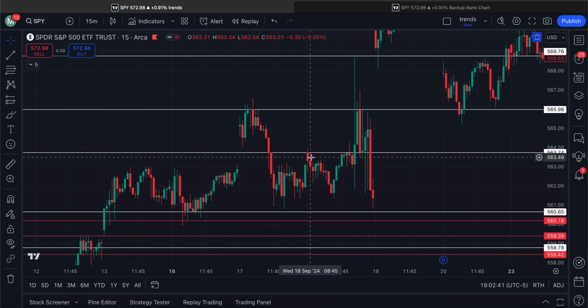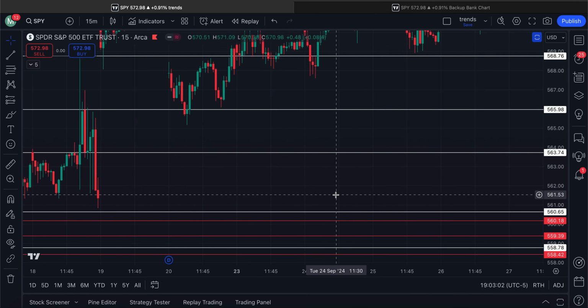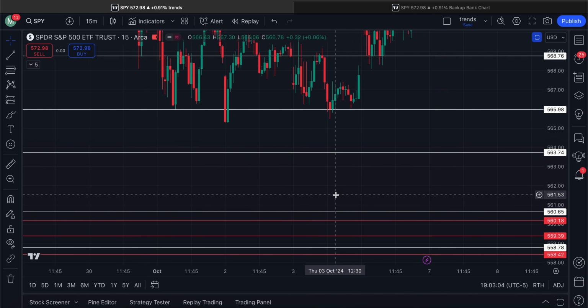If we're still in the range and the 15 minute can't close above my key level to give me more upside, or vice versa more downside, and we're still holding inside our range, I'm probably going to take the scalp from the high of my range to the low of my range. So it just depends on the day it is.